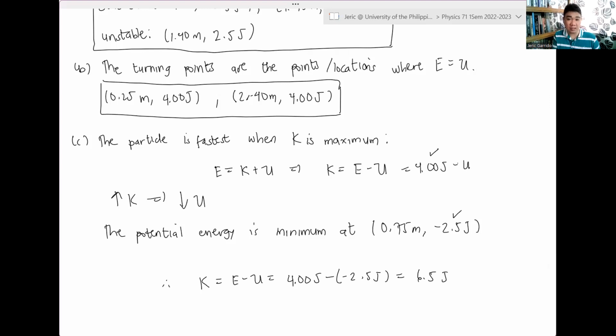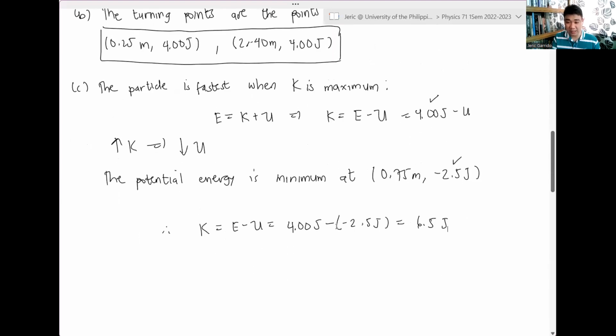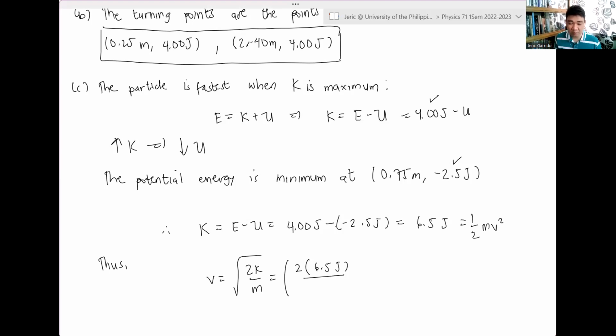Now, okay, mahanap natin ngayon yung velocity, or in that case, the speed. Because this is just equal to 1/2 mv squared. And we know the mass of the particle. Nakuha? Thus, V is just square root of 2K over m, which is just the quantity twice of 6.5 joules all over the mass of the particle.